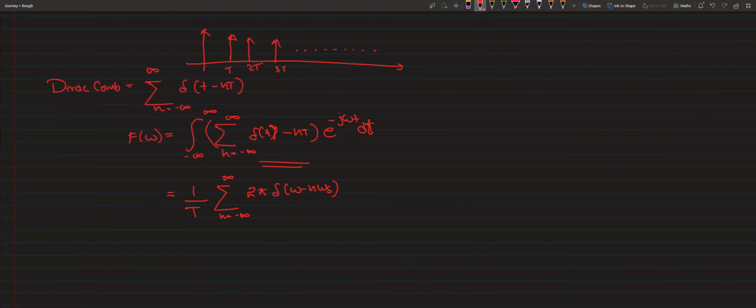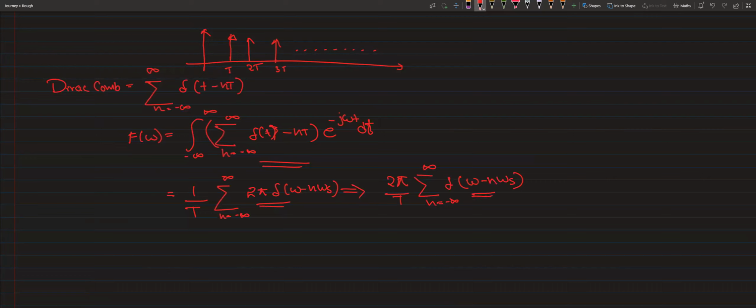So what is this? Again, it is a Dirac comb. If you see here, it is a scaled version, 2 pi by T, of one more Dirac comb, the sum over n of delta of omega minus n omega s.